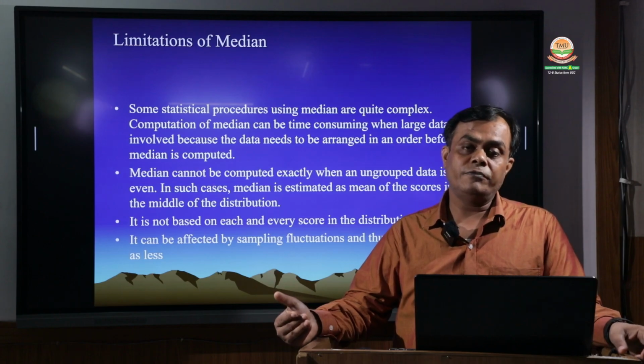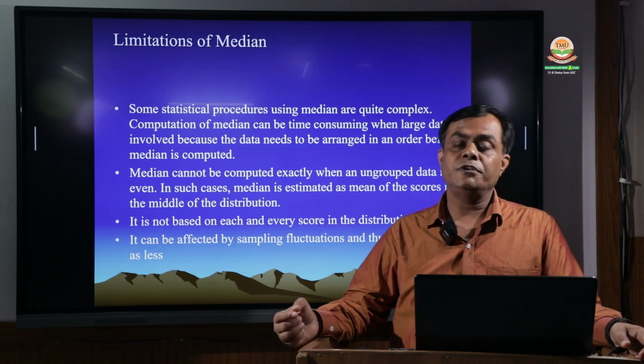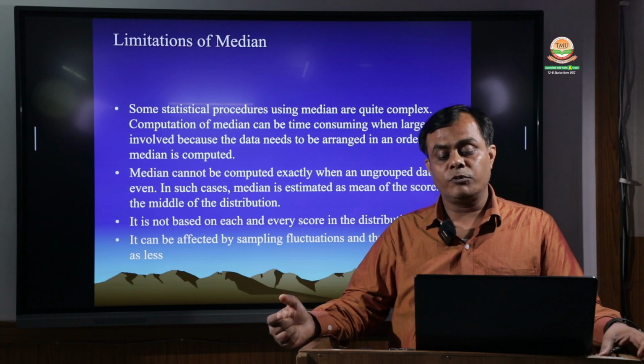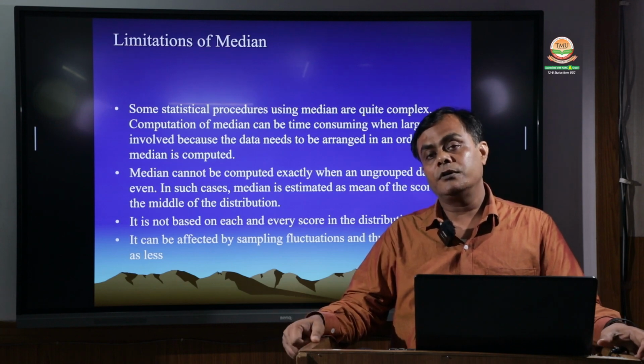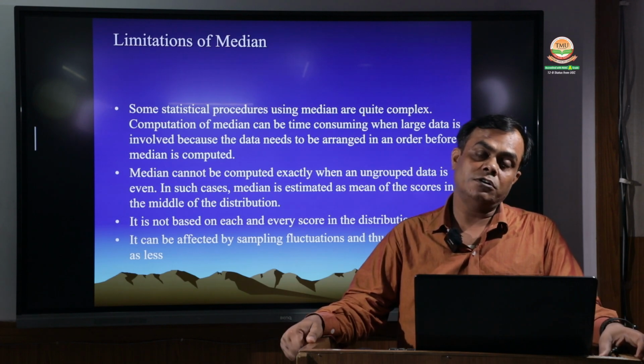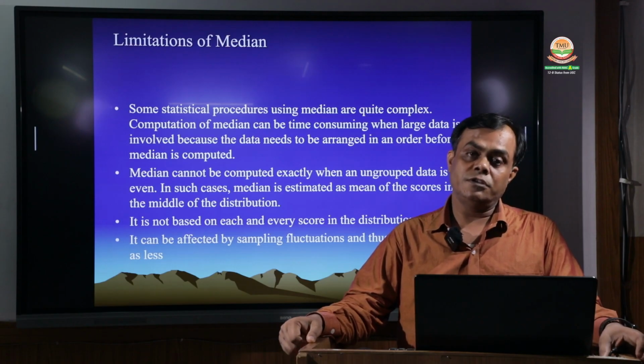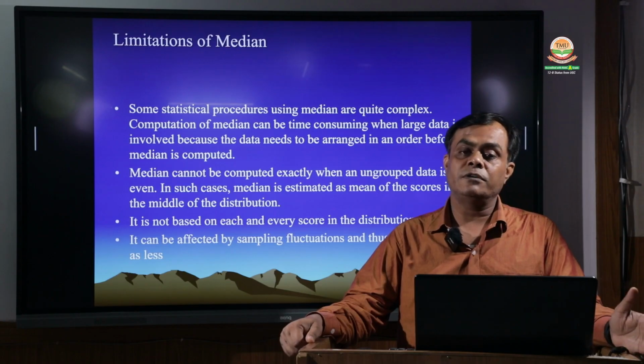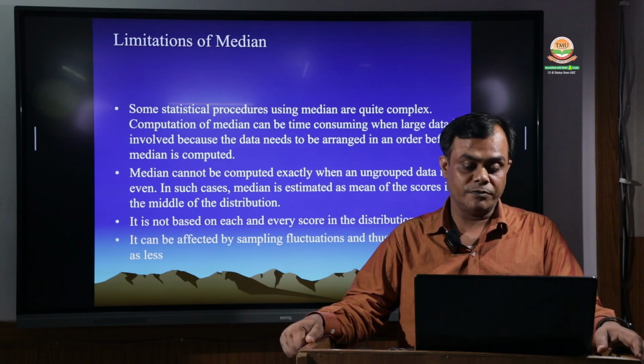That can be identified only when we arrange the data in a proper manner. And in the case of huge data, it is very tough, or sometimes impossible, to calculate the median value.